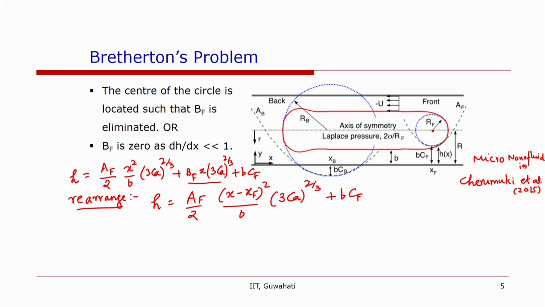But nonetheless, if we rearrange this equation in such a manner, we have eliminated the constant bf, taking into account the fact that as dh by dx, the circle is about to touch, so the slope is negligible here. So the equation can be rearranged in this manner.